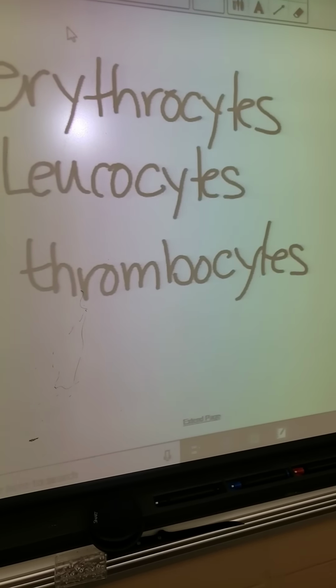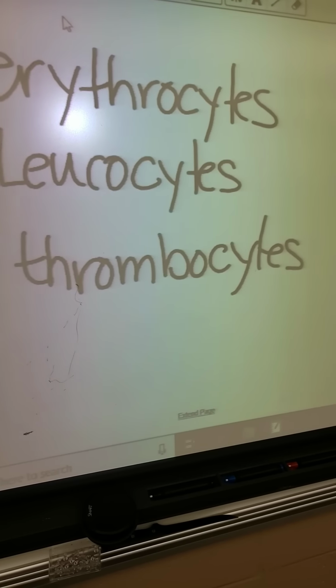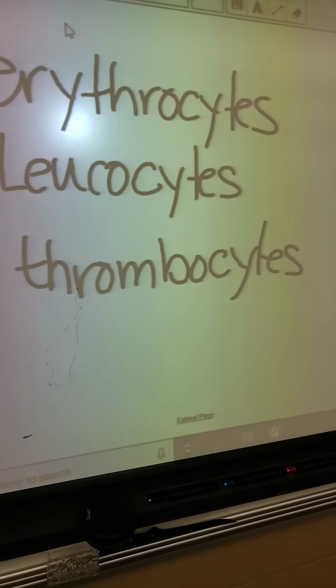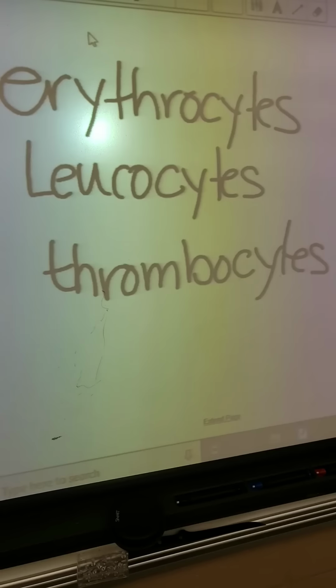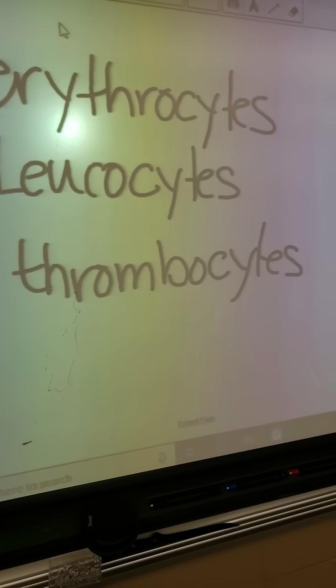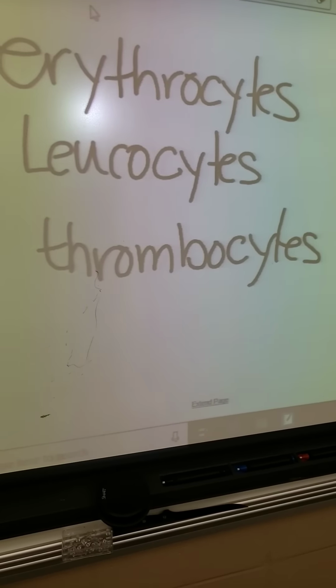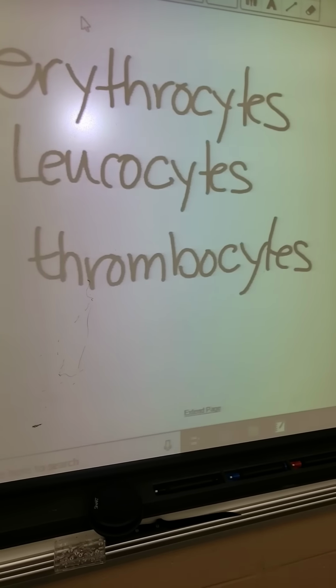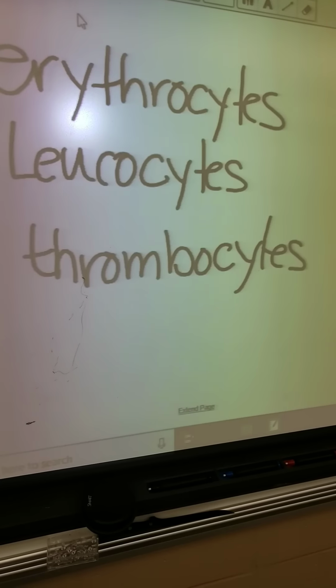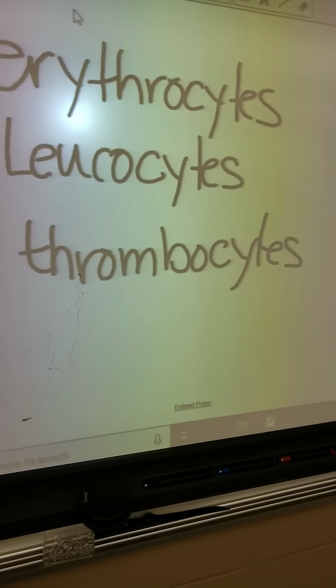They are disc-shaped, they lack a nucleus, and they are the largest group of blood cells. Their main function is to carry oxygen from the lungs to the tissues. They also carry carbon dioxide from the tissues to the lungs.